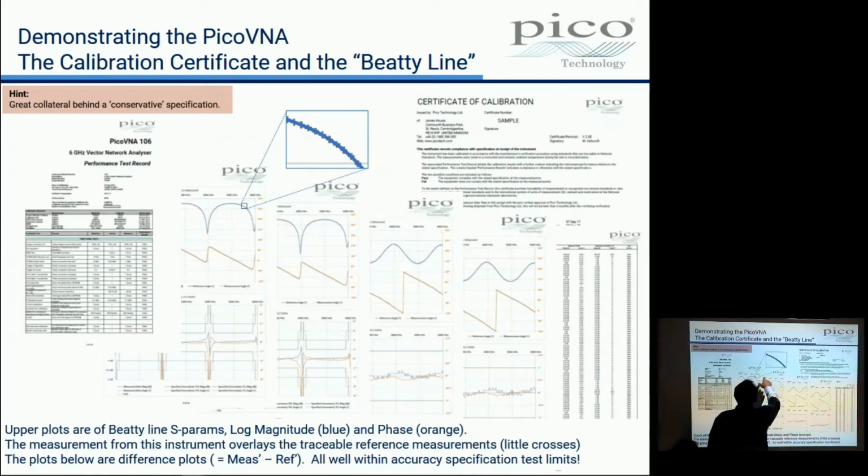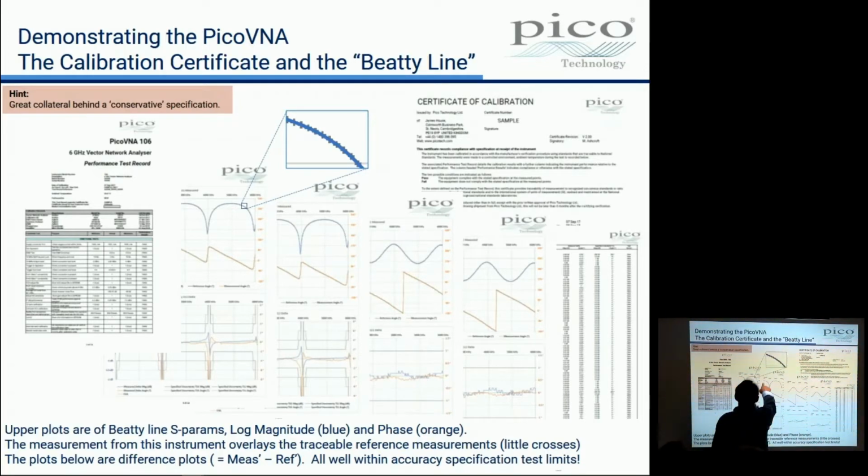And you can see it's made up of a line with crosses behind it. The line is the measurement, and the cross is what the National Physical Laboratory thought the DUT was. So we are making a comparison with a traceably calibrated BT line DUT.